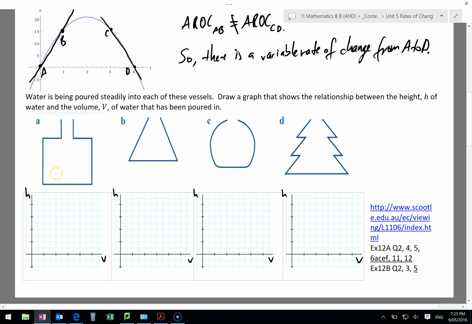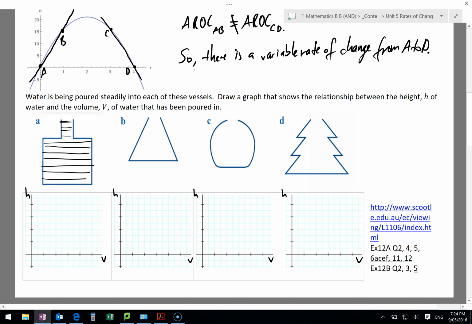Pouring water into this sort of a vessel, we would know that the water level would increase at a constant rate. Hopefully we've seen this filling up our water bottle at the taps, and then hopefully we don't see this too often, where it gets to the really narrow part of our bottle and just explodes through.